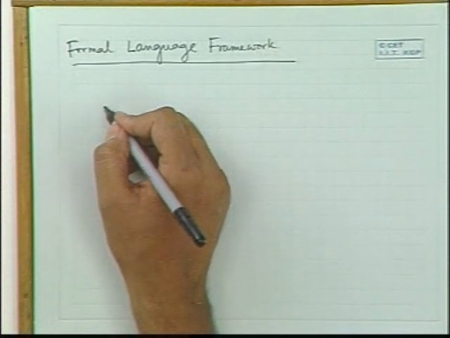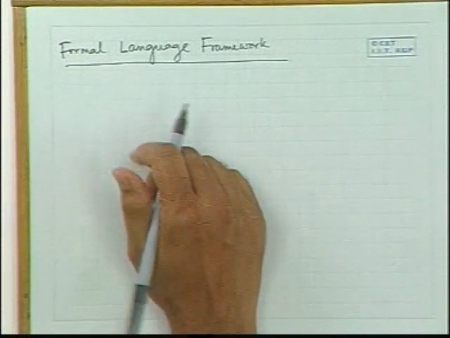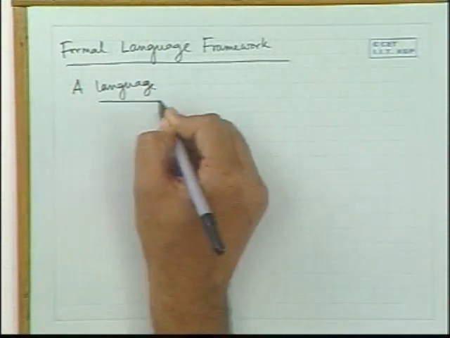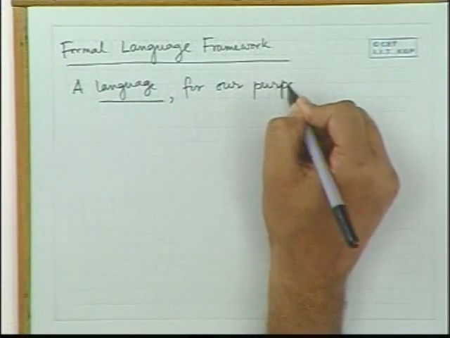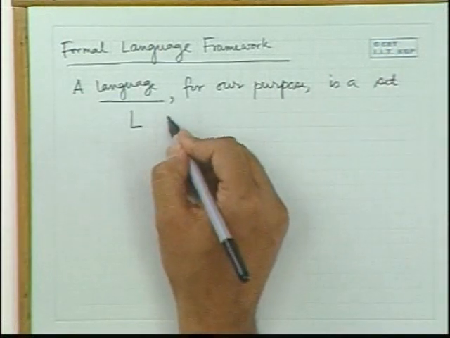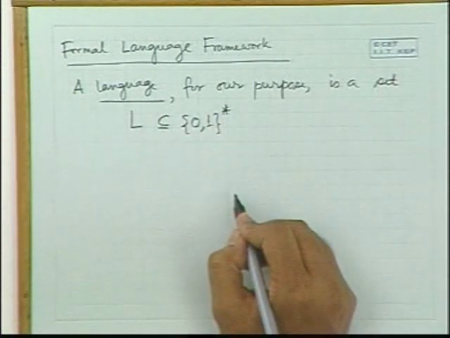We are going to recast this entire problem solution scenario in terms of language. Let me first define what a language is. A language, for our purpose, is a set L which is a subset of {0,1}*. So a language is nothing but a subset of all the strings possible with 0 and 1. That's the definition of language.